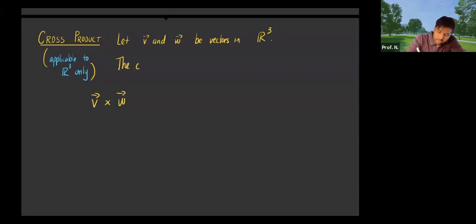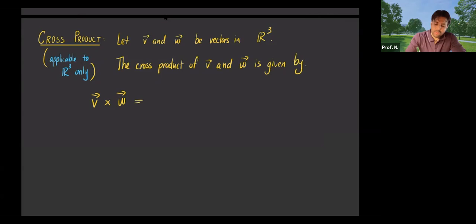So the cross product of V and W is given by, does anybody remember what this represented?